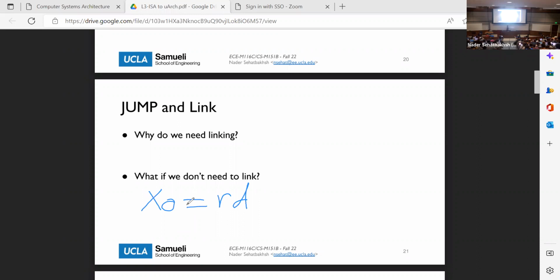So when I say that my destination register is X0, I'm implicitly saying that I don't care about this value, I don't need to link it, okay? So if you want to jump without really linking something, use jump and link with X0. And the same story goes for anything else that you want to ignore. If you want to ignore something, use X0 as your destination register, okay?